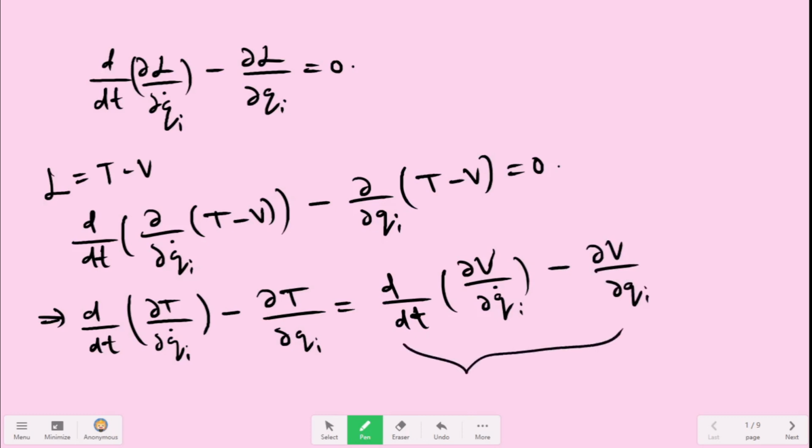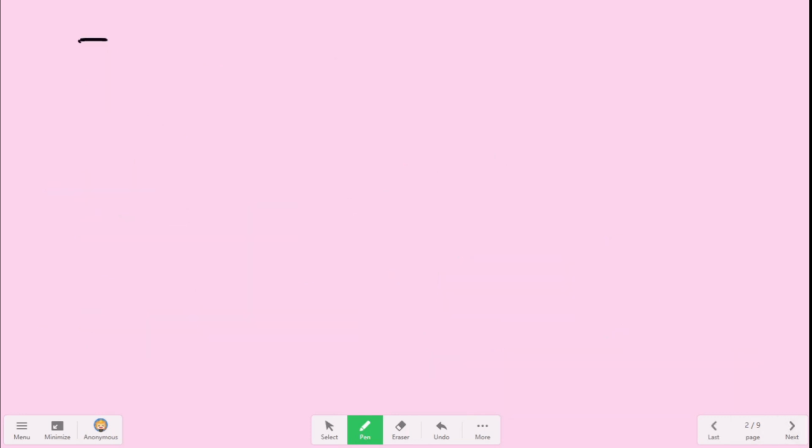This thing on the right hand side is called the generalized force and it is denoted by capital Q_i. So capital Q_i is equal to d by dt of ∂V/∂q_i dot minus ∂V/∂q_i. This is the generalized force. In Newtonian mechanics, force F is equal to minus the gradient of the potential.